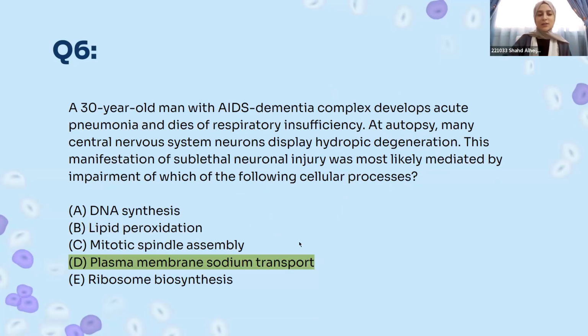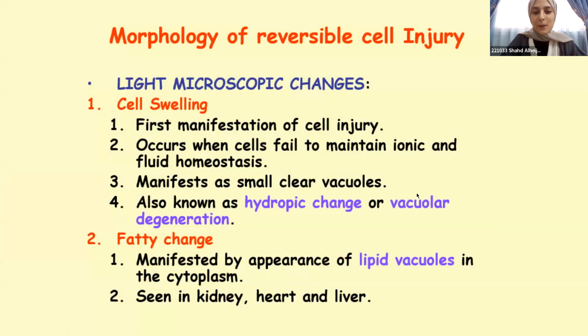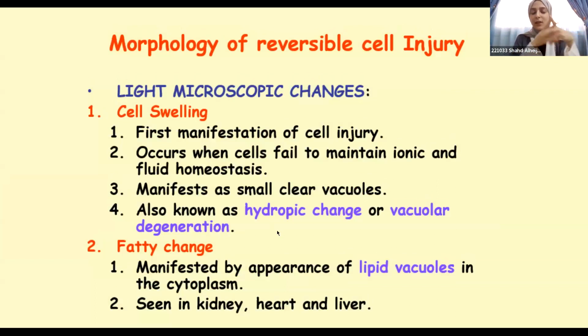According to your slides, you can see hydropic changes are related to cell swelling. What happens is that due to a decrease in ATP production, we have a problem with the transport of ions.